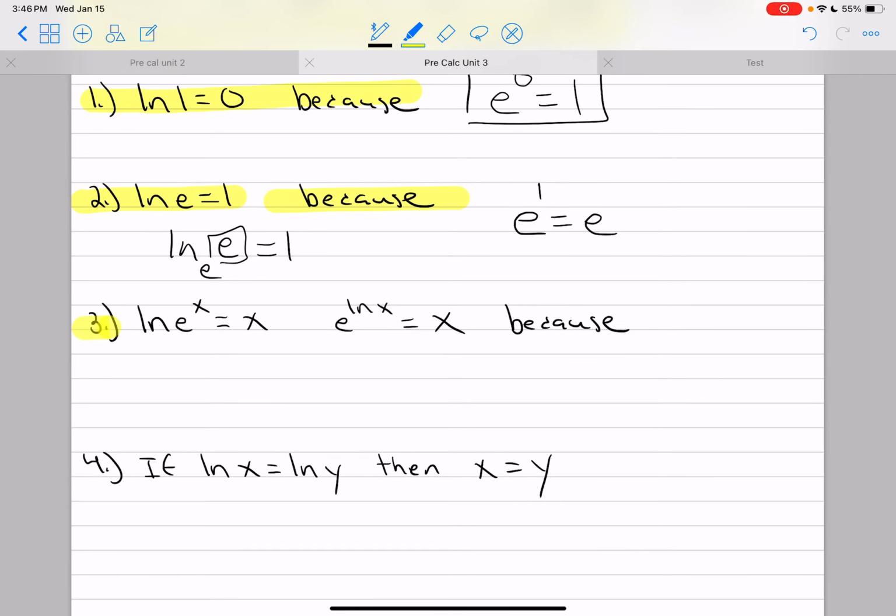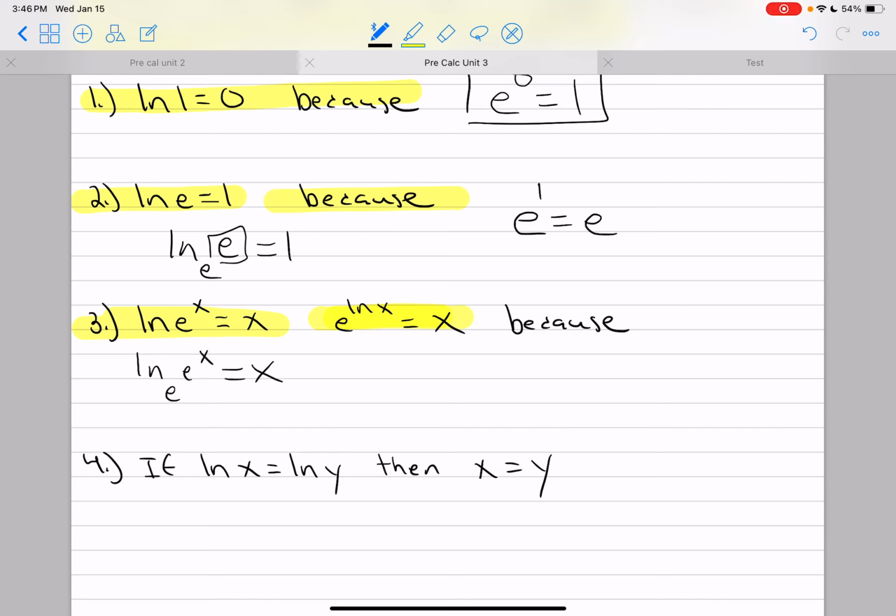Then I have my last couple. The third one says the natural log of e to the x equals x, and e to the natural log of x equals x. This also mimics what we did before. Let me rewrite this one: ln e to the x equals x.